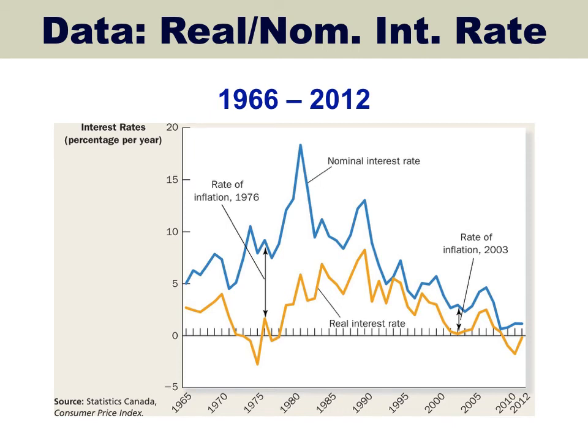And here we have some data on the history of Canada from 1965 to 2012. The blue line is the nominal interest rate. The yellow line is the real interest rate, which means that the difference between the nominal interest rate in blue and the real interest rate in yellow is inflation.